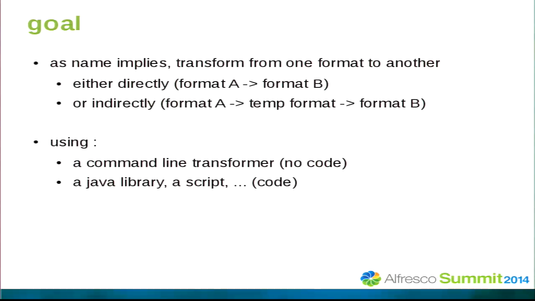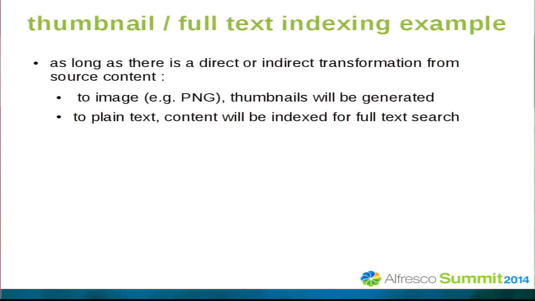And we can basically do that using either a command line transformer, which requires no code, only config, which is what I'm doing in that example, or you can use any code, Java library, write a script, anything that you can integrate in the repository as a transformer. For example, in the repository, the standard use cases are thumbnailing.